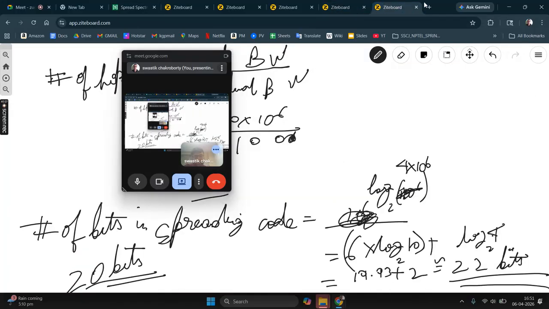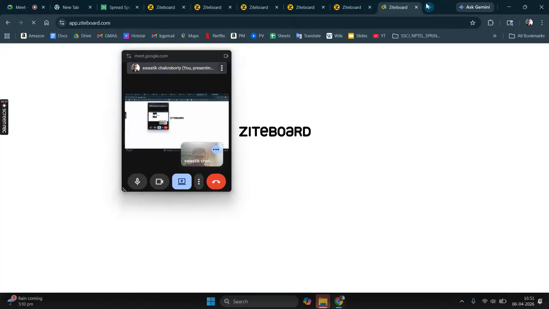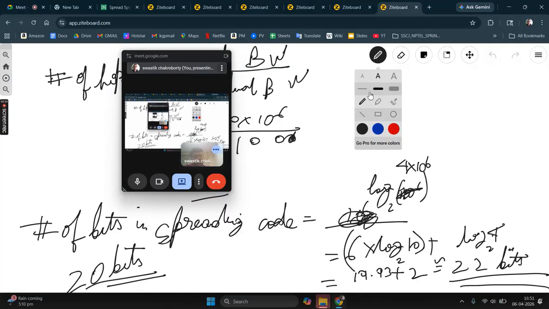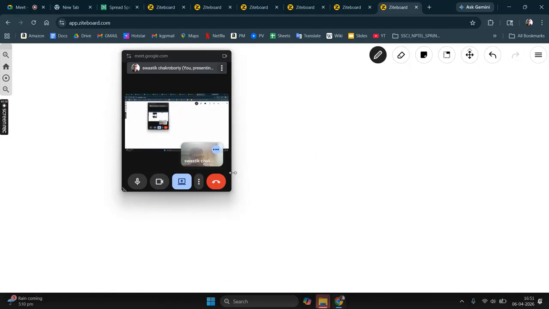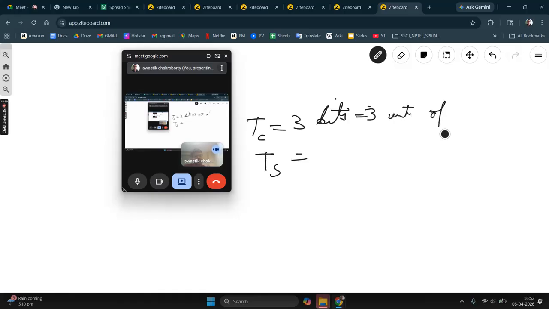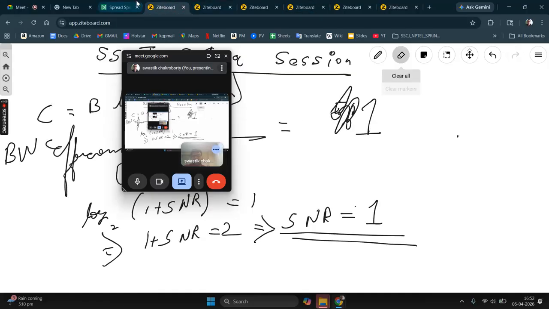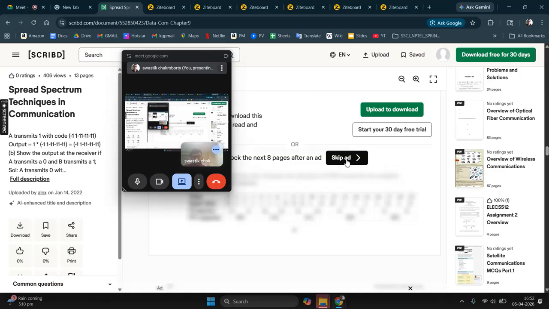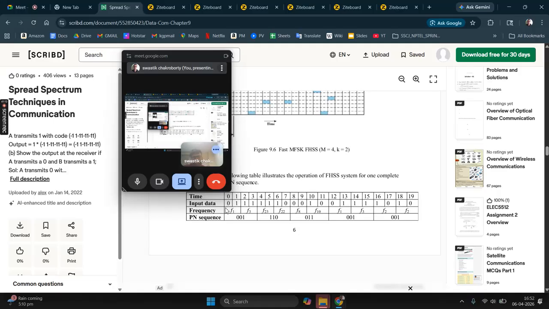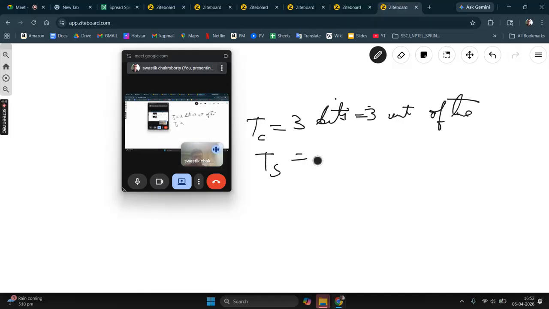So TC is 3 bits, because the PN sequence is 3 bits long, so it takes 3 units of time, because each bit takes 1 unit of time. It can be seconds or microseconds. And TS means signal element. So this frequency is changing maybe because of the hop, maybe because of the symbol element, every 2 bits. So TS is 2 bits.